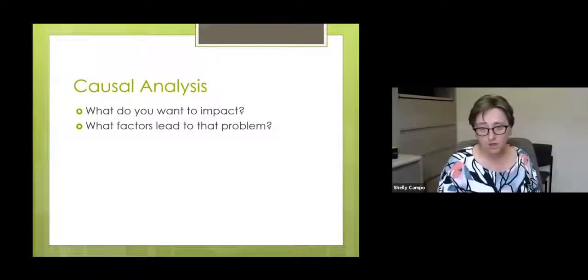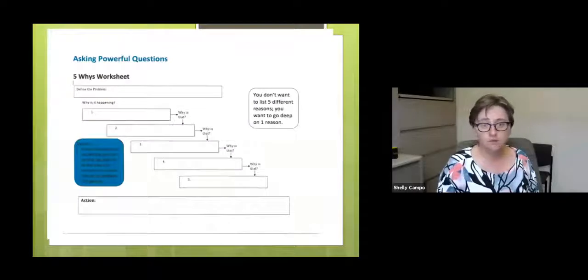And this will also help you figure out where the problem is and what's actually driving it. So you might start with what you think your problem is, and then think about why is it happening like that, and then just keep going deeper. So, what caused the problem?